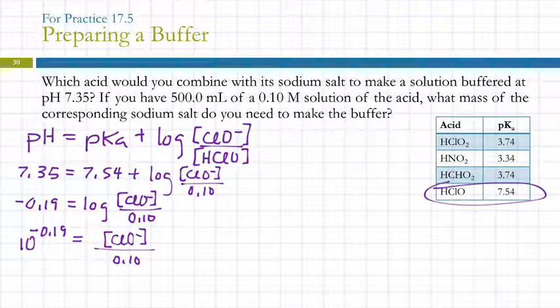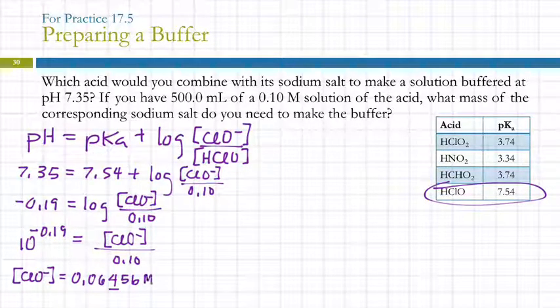And I'm getting this ion concentration 0.0645. Oops, I lost a 0. So that's the concentration of hypochlorite ion that I want.